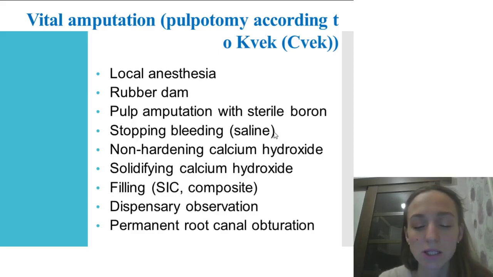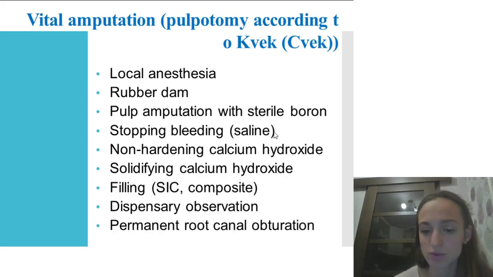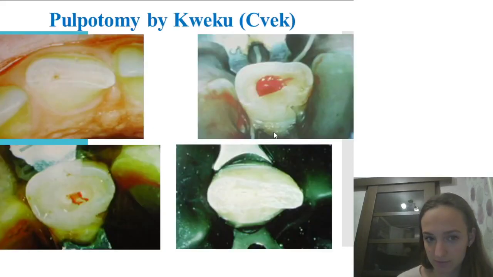It is glass ionomer cement or composite, very necessary, and dispensary observation, and permanent root canal obturation. It is pulpotomy and clinical pictures, steps. Stop bleeding, yes, and restoration.